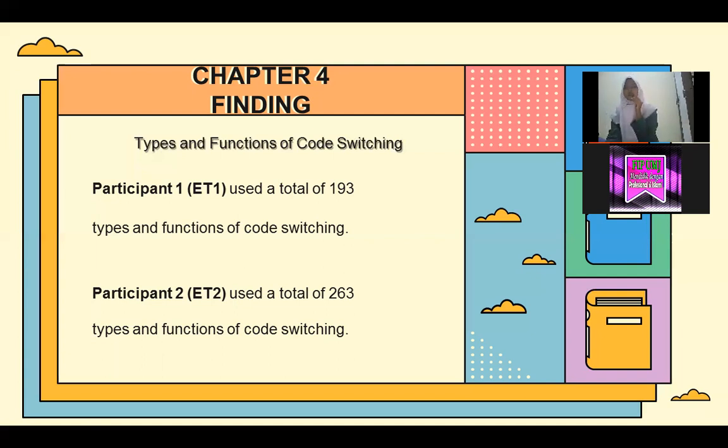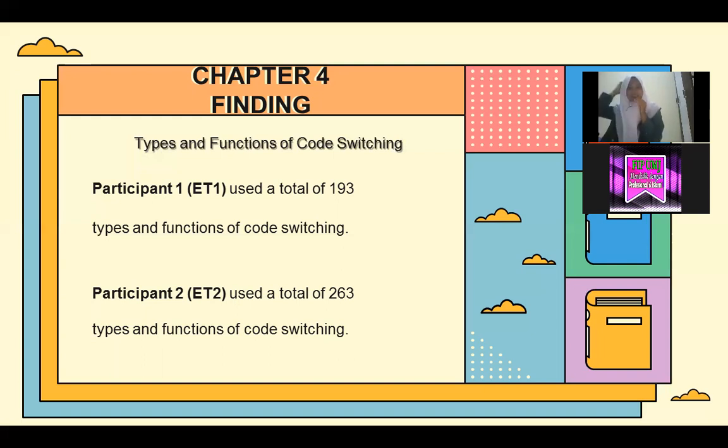And for the function, also 193 functions, from a total of 33 functions of topic switch. So here, 193 for the types, and then 193 also for the function.